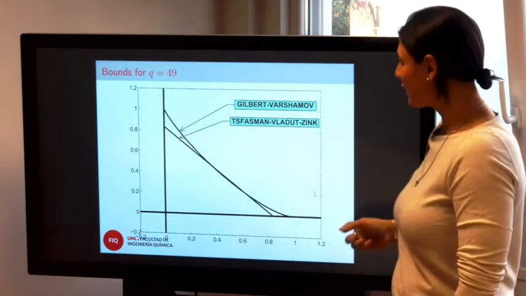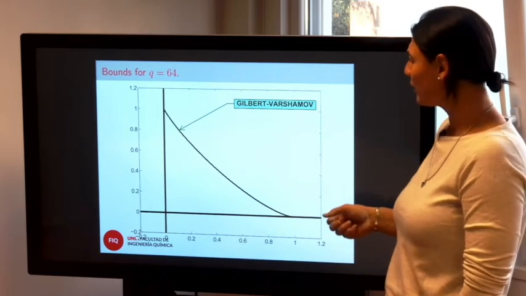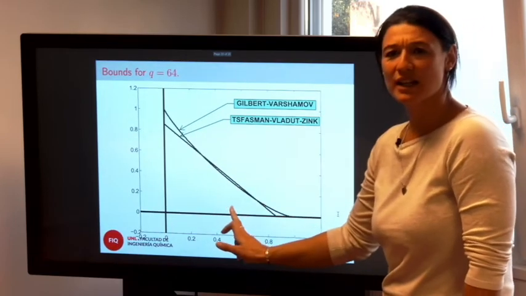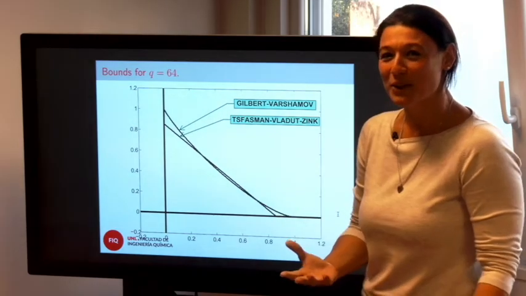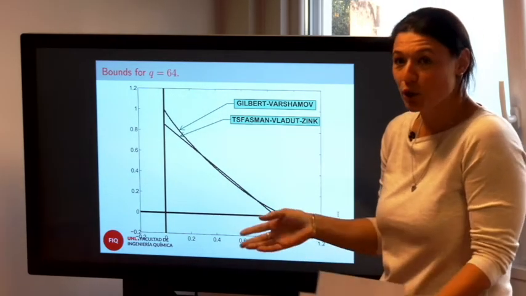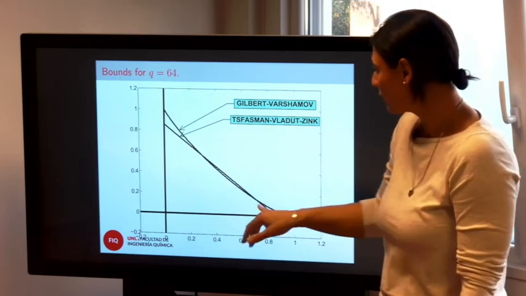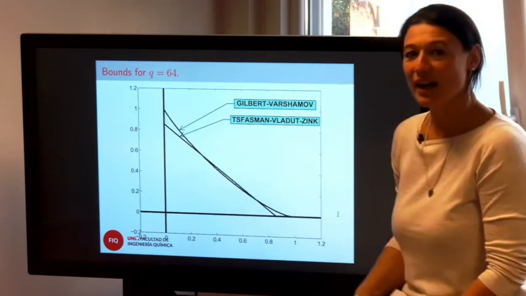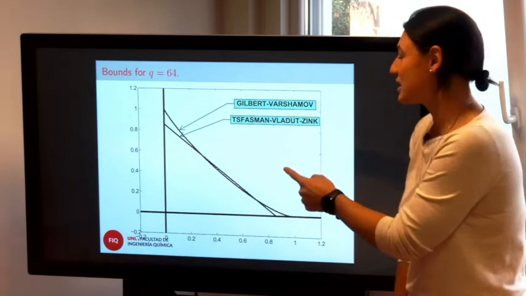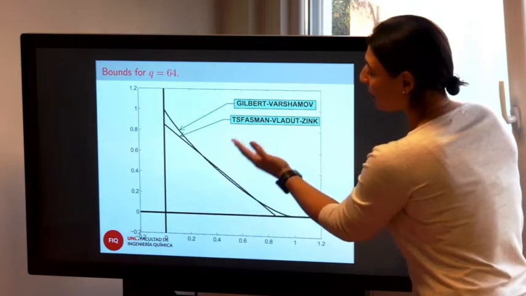So we can see it for Q equals 64, which is better. Then we see, well, I don't know if you can see it from there, but you can just draw this bound because they are really easy to draw. And so you see that we have something here, and what this bound is saying is, well, actually, the Manin function is above this.